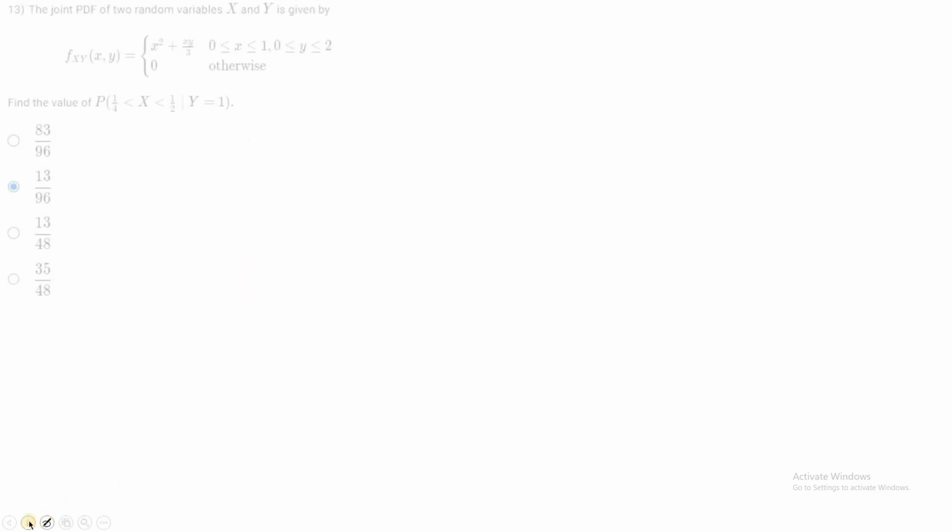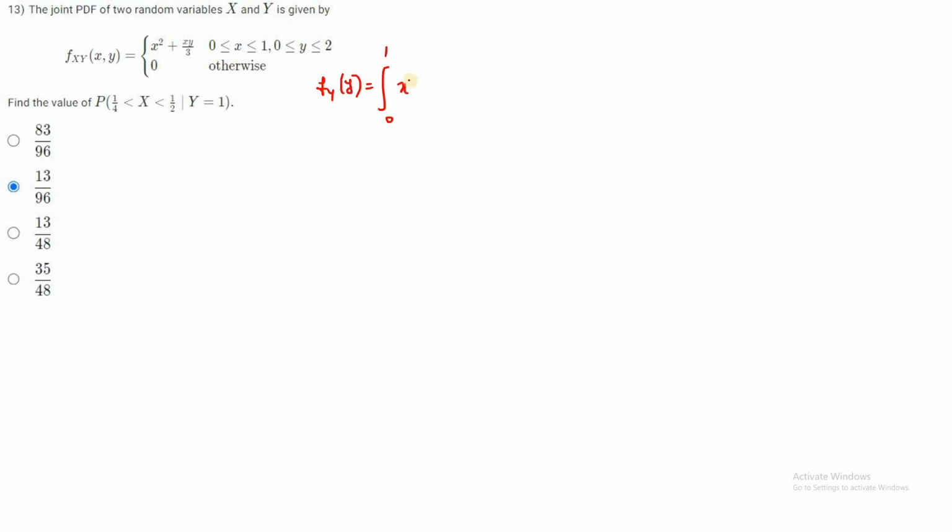Okay, next one. The joint PDF of two random variables x and y is given. So find the value of P of 1 by 4 less than x less than 1 by 2 given y is equal to 1. So again, similar to the previous problem, firstly we have to find out the marginal of y. Fy of y is nothing but the integral, range of x is 0 to 1, function is x square plus xy by 3, dx.